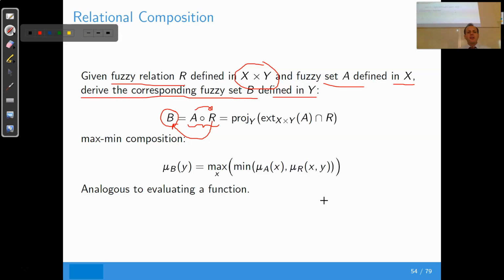The operation is quite complicated because you are performing an extension of your fuzzy set A. Because the fuzzy set is one-dimensional, you perform the extension, and this extension intersects the relation, which is a two-dimensional set.